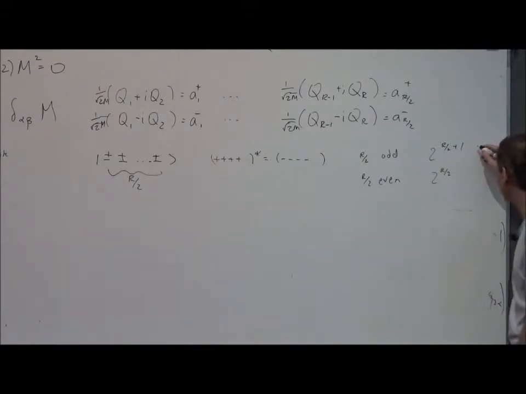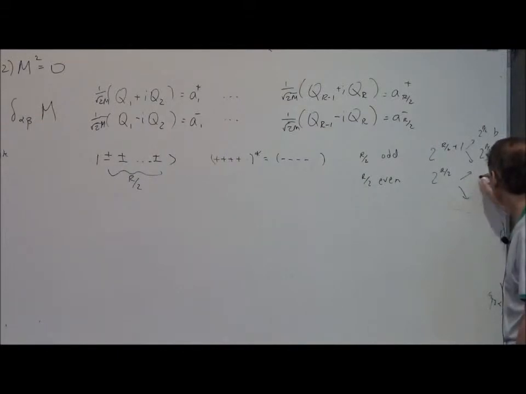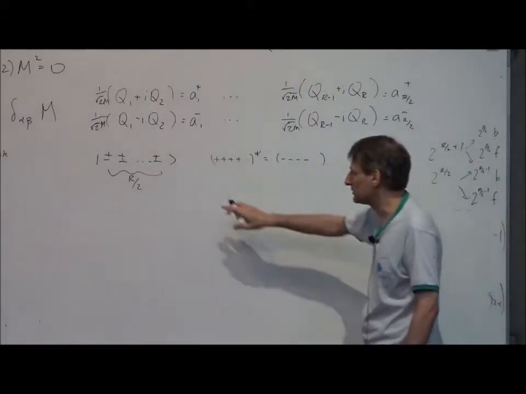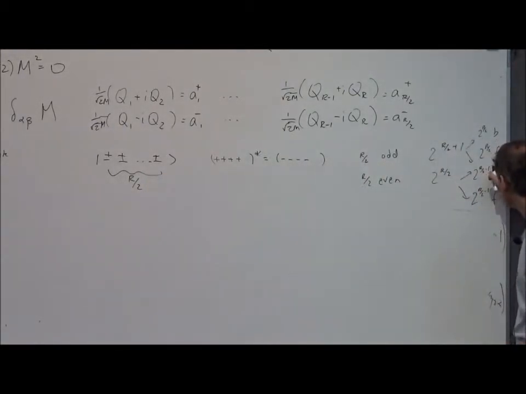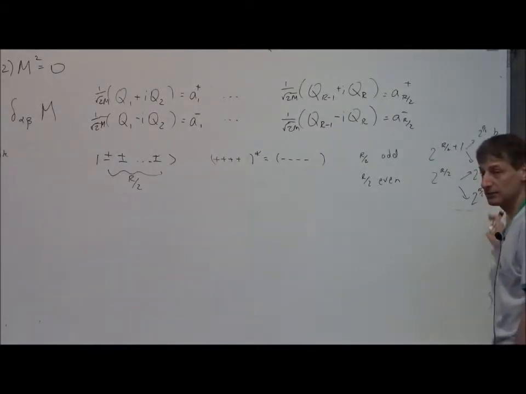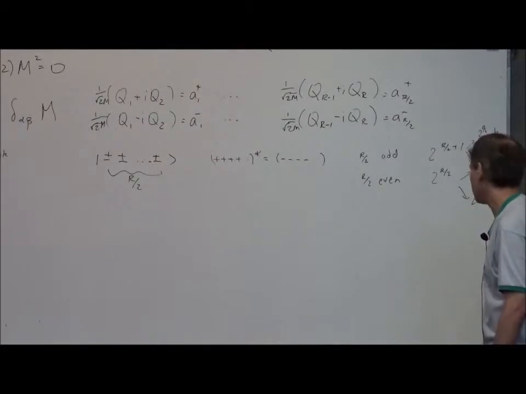So in this case, you have 2 to the R over 2 minus 1 bosons and 2 to the R over 2 minus 1 fermions. So for example, in 4 dimensions, R was equal to 4, R over 2 is equal to 2. So you have 2 bosons and 2 fermions. This is precisely what we have. We have the phi and phi bar and the psi. So this is the massive case.